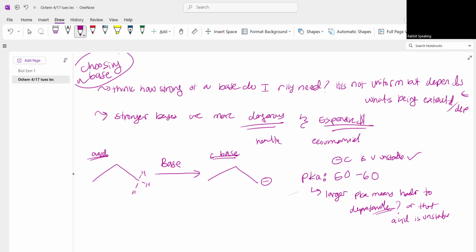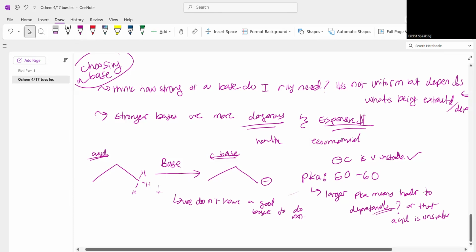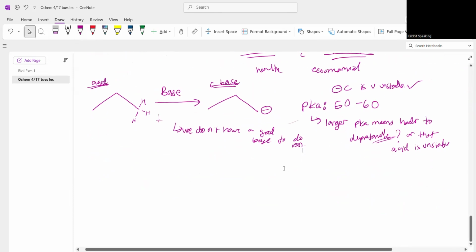So the pKa for extracting a hydrogen off a carbon is very high, above 50, and it's very unstable to do. So we don't really have a good base for this reaction.